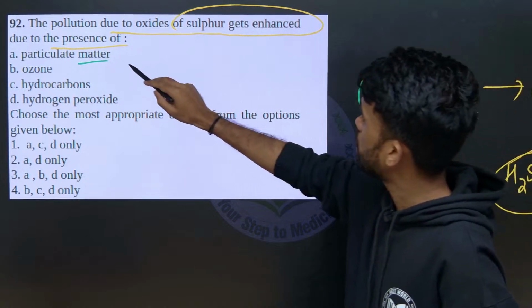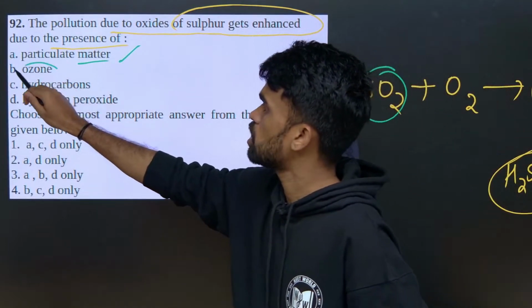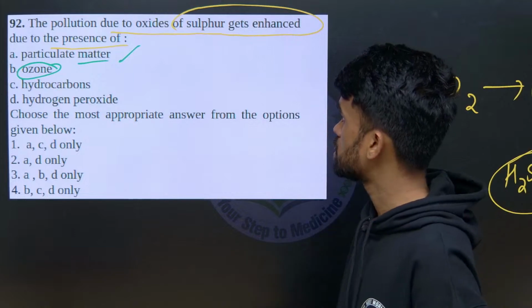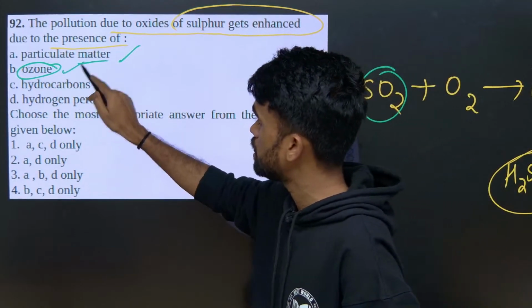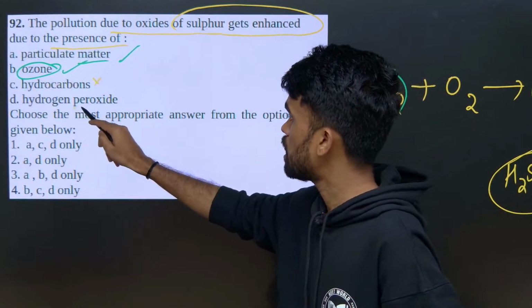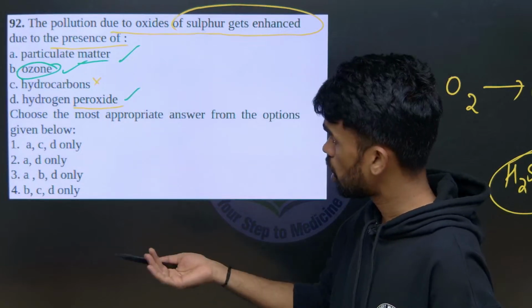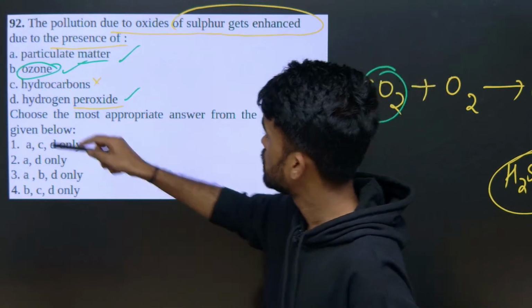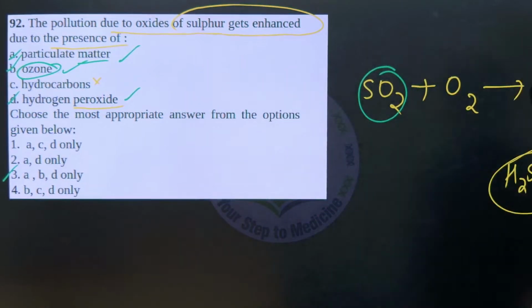So this affects pollution. Ozone also oxidizes the sulfur oxide to sulfur trioxide, which is also an acidic oxide. Hydrocarbons have no effect. Hydrogen peroxide is also an oxidizing agent, so it will also convert into acidic oxides. Therefore A, B, D will be the option. A, B, D, option 3.